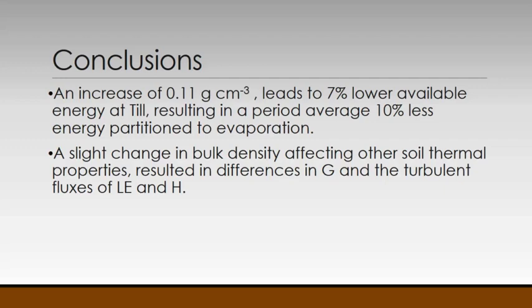I don't know for sure, but I believe that as more tillage would occur, the main thing with the bulk density change's effect on the evaporation of water is how it affects the thermal properties, and how those thermal properties allow energy to be partitioned into the soil, and also the water content. So how you manage your water content values, and also how you manage the soil, matters.